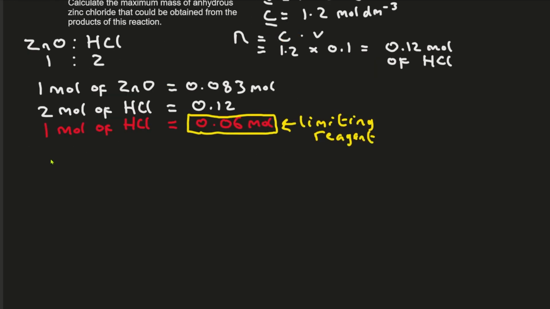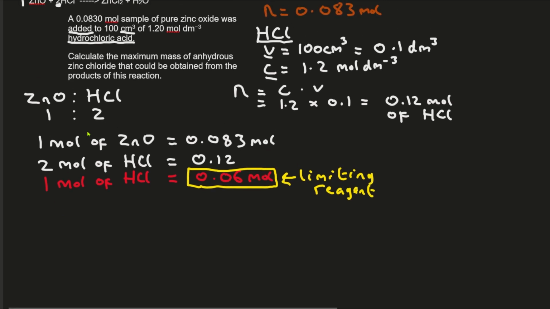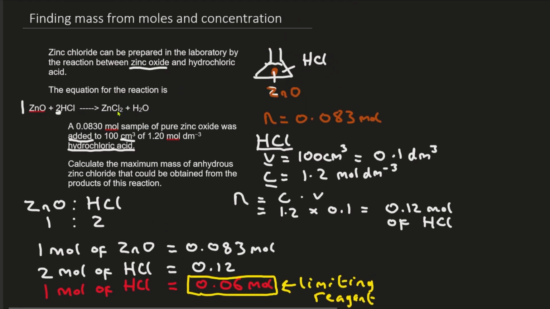So we need to find out the MR and mass of our molecule. We've got up to this part, we know that this is the limiting reagent. Now if you look at our balanced equation, we've got zinc chloride, which is the mass that we're trying to find. That's the question mark, that's the mass. There's no number in front, so we have to assume that's also 1 mole.